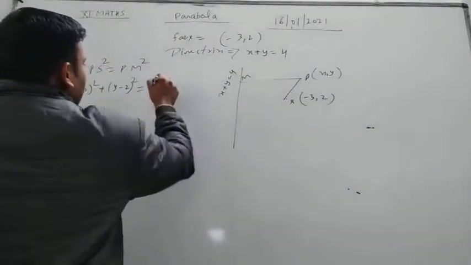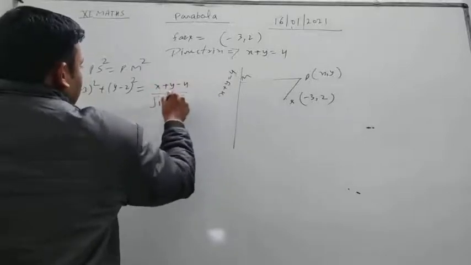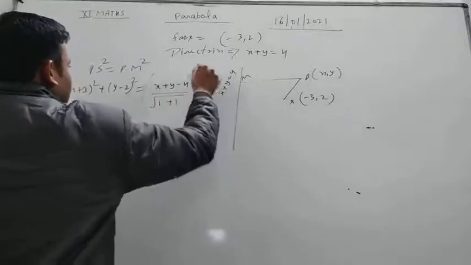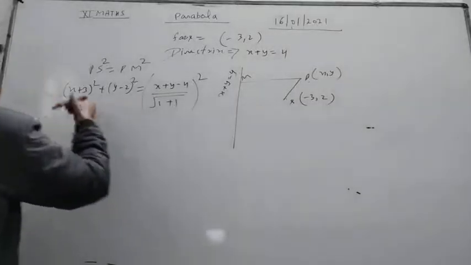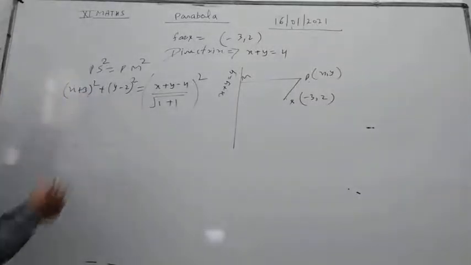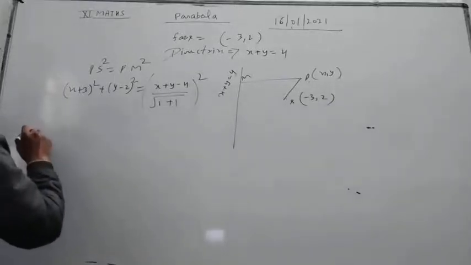PM is x plus y minus 4 by under root 1 plus 1 whole square. So x plus 3 whole square plus y minus 2 whole square is equal to x plus y minus 4 by root 1 plus 1 whole square. Now we will solve this and get our standard result.